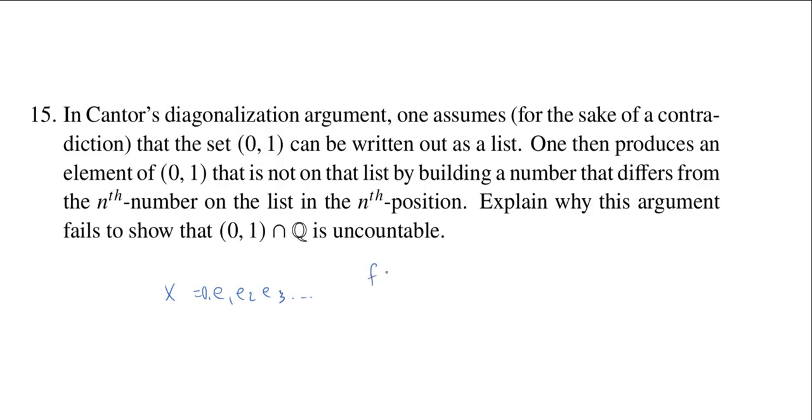So here we would need to have a bijection from the positive integers to Q. And if we knew that x was in Q, then it would have an f preimage, and then we could continue on with the argument.